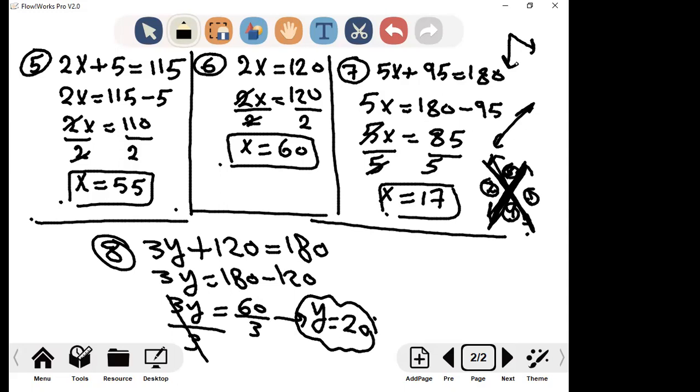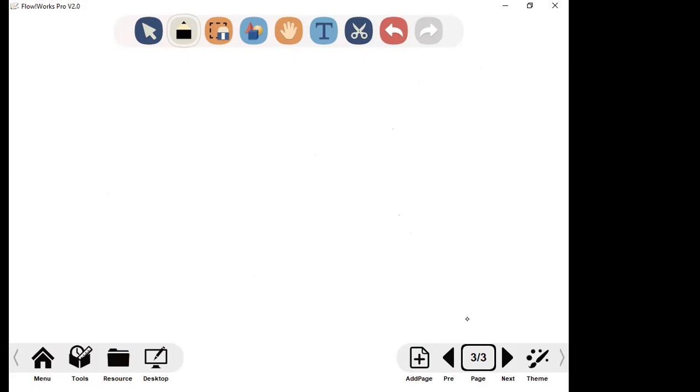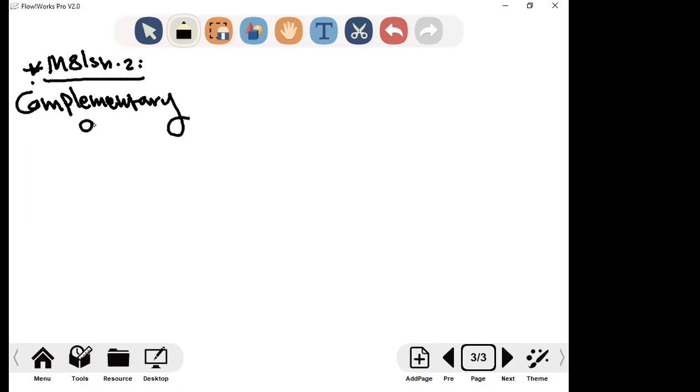Now, lesson 8-2. Focus on the board, please. We are in module 8, lesson 2: complementary and supplementary angles.